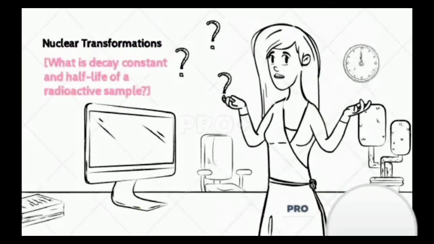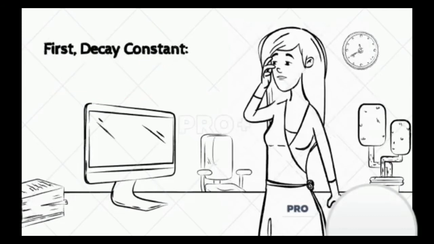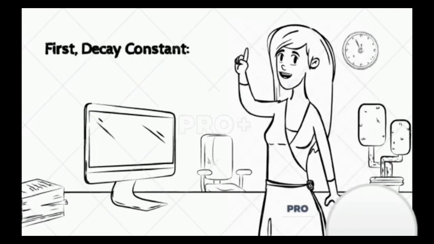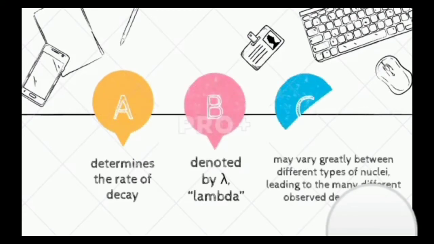What is the decay constant and half-life of a radioactive sample? So first, the decay constant. The decay constant determines the rate of decay and is denoted by the symbol lambda.